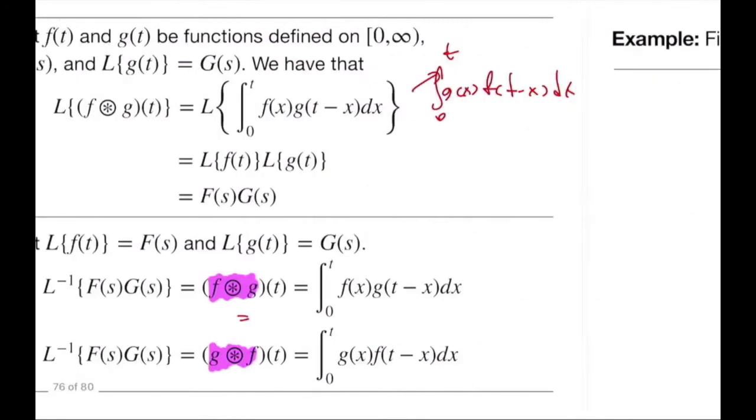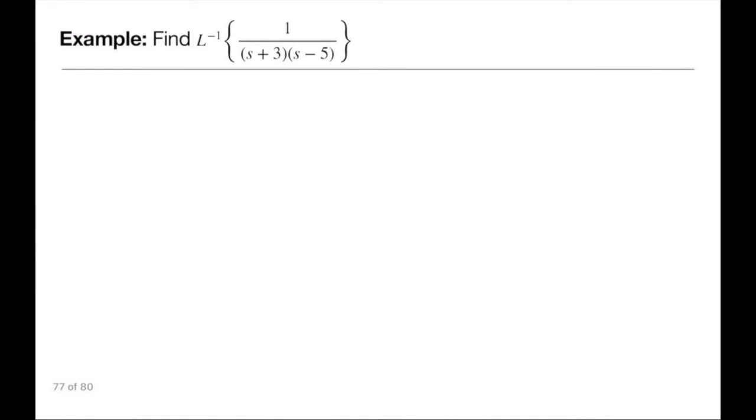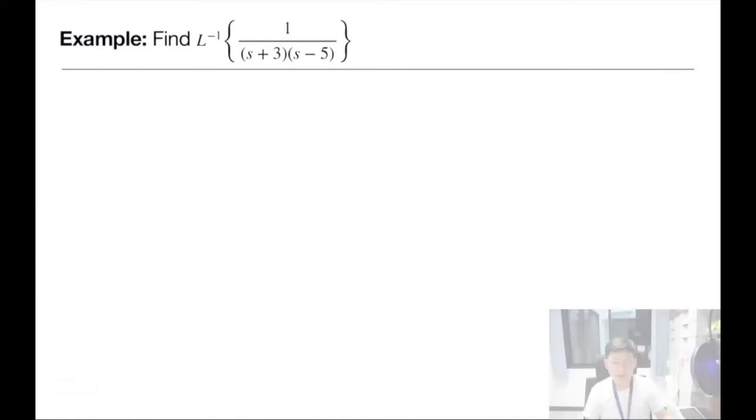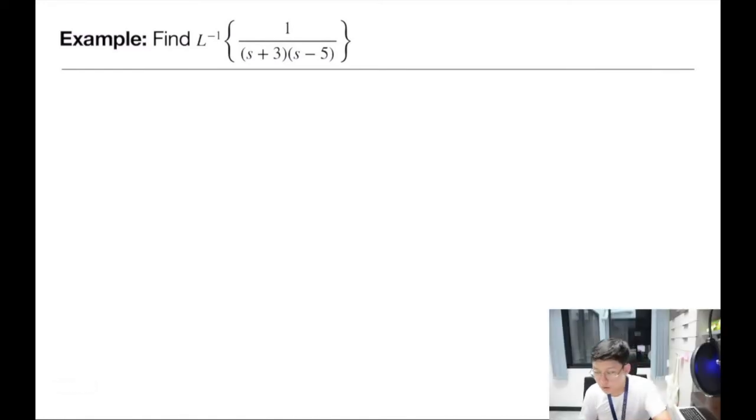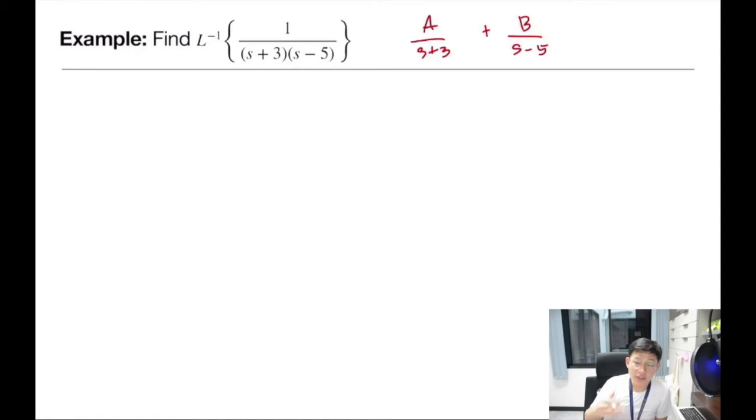Okay, cool. Guys, let's look at this example. For this example, you can actually go back and use partial fractions, right? Try to split it into a divided by s plus 3 and b divided by s minus 5, then determine a and b, and apply the inverse term by term.